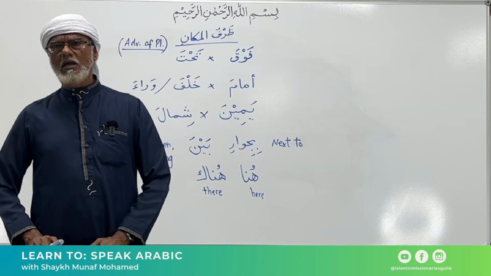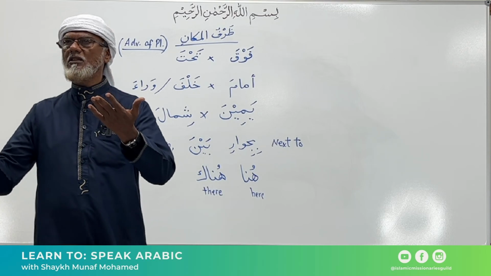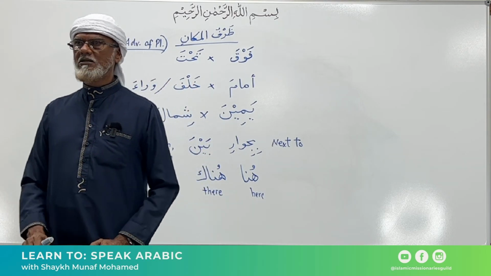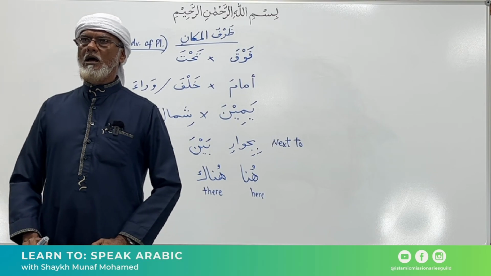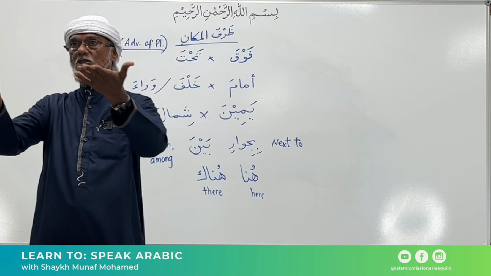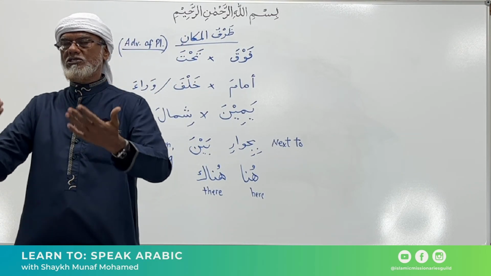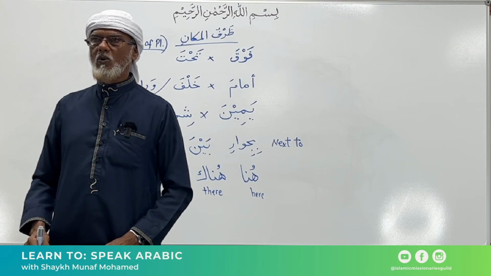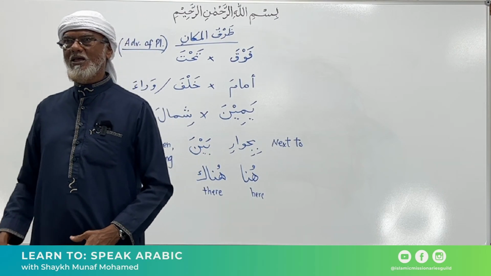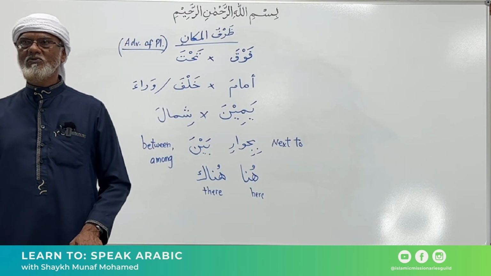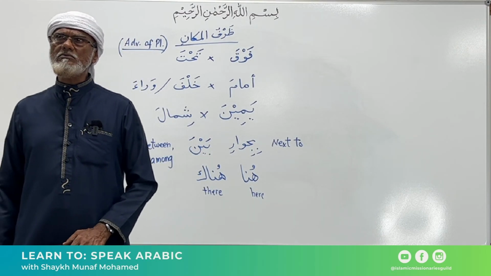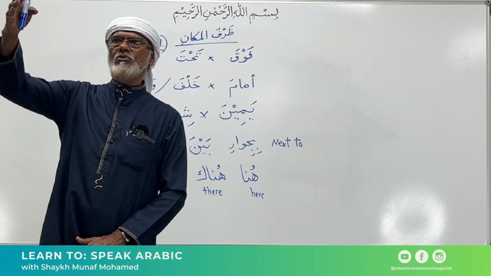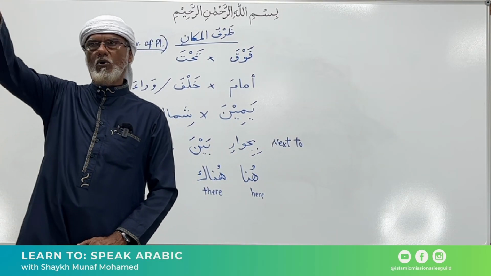أنا أمام الفصل. I'm in front of the class. أنتم, all of you. أنتم أمام المدرس. You're all in front of the teacher. والمدرس أمامكم. And the teacher is in front of you. الجدار خلفكم.